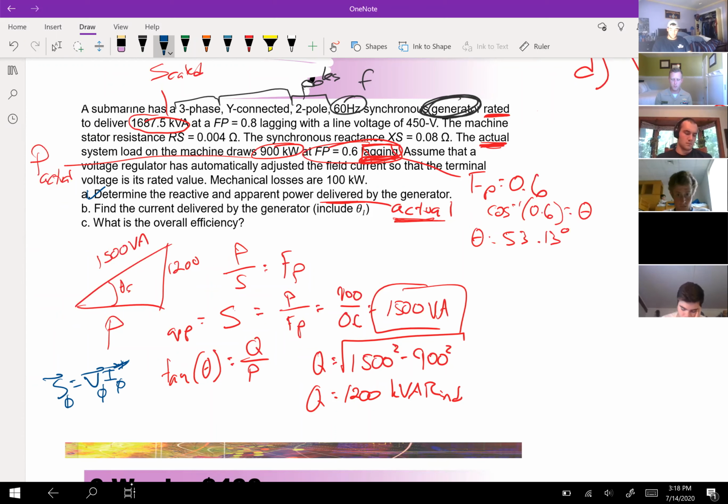Find the current delivered by the generator. That is that I. So the V of a single phase, I'd have to divide the 450 by √3, because that's a line voltage. I need a phase voltage. And the S of a single phase, well, this is S total. So I would need to divide that 1500 by 3, and I could solve for I.